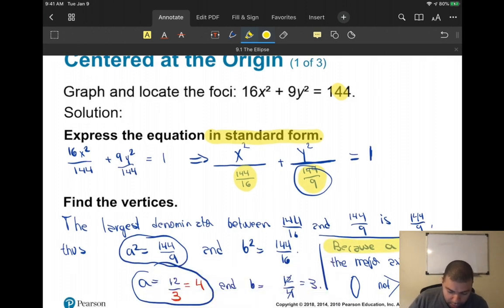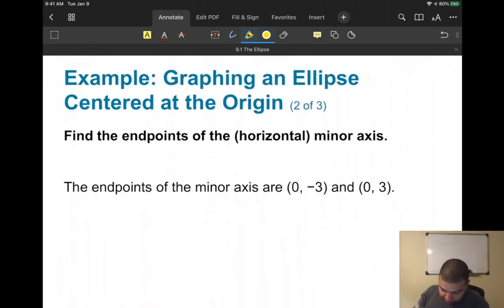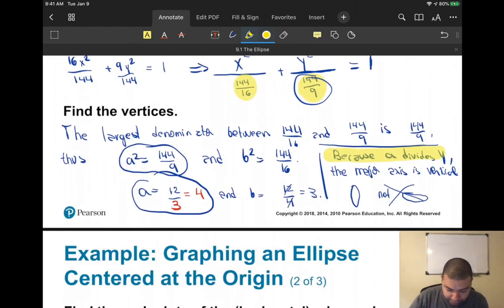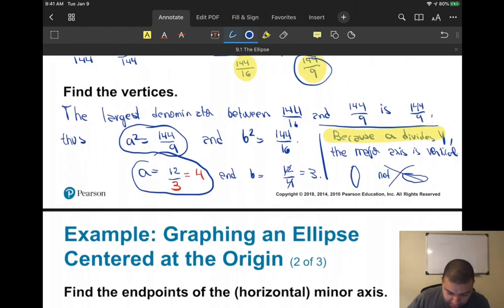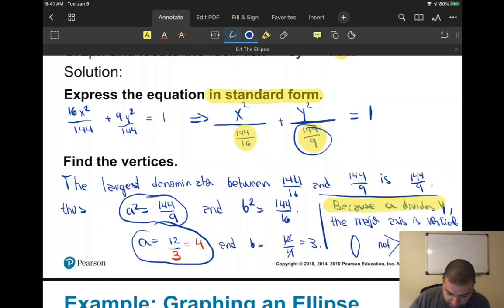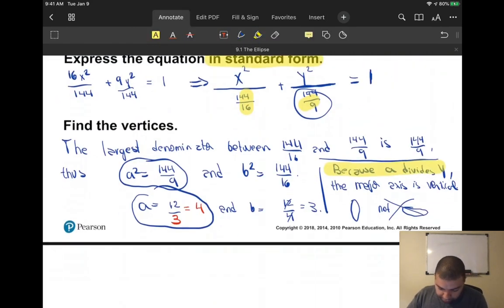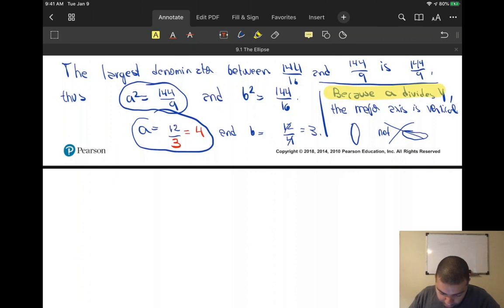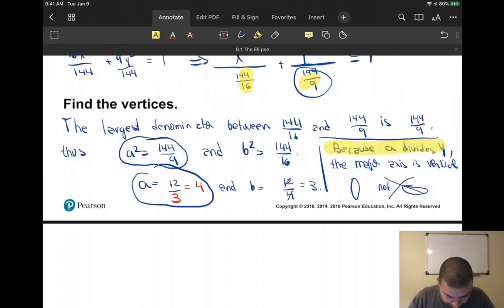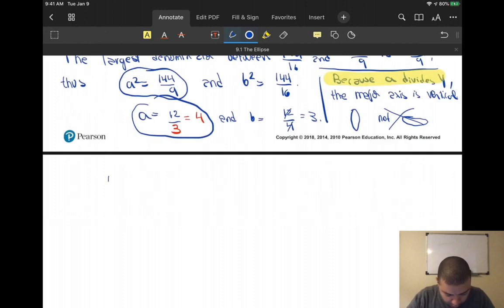Okay, next, find the endpoints. Okay, so find the vertices. I haven't quite found the vertices yet, so let me add a page so that we can write more. Because I found that the major axis is vertical, I start from the origin and I add A up and I add A down. I haven't finished graphing yet, I'm just giving you a rough sketch.